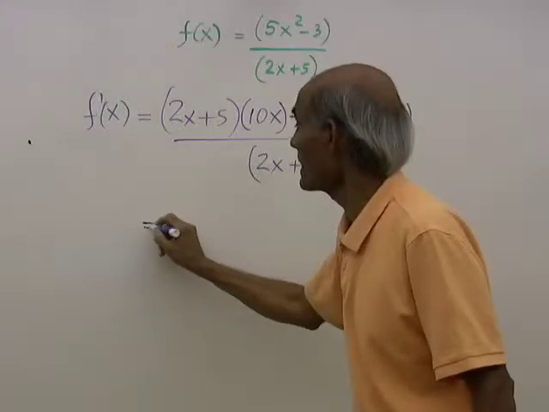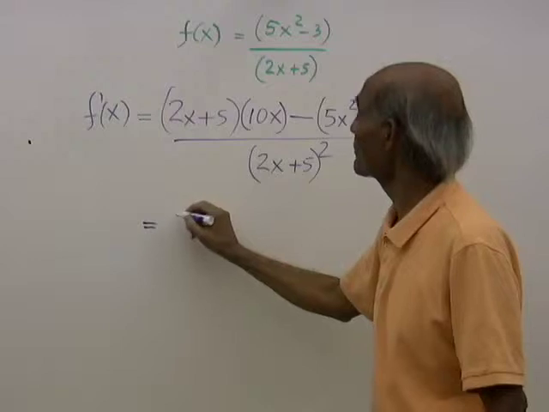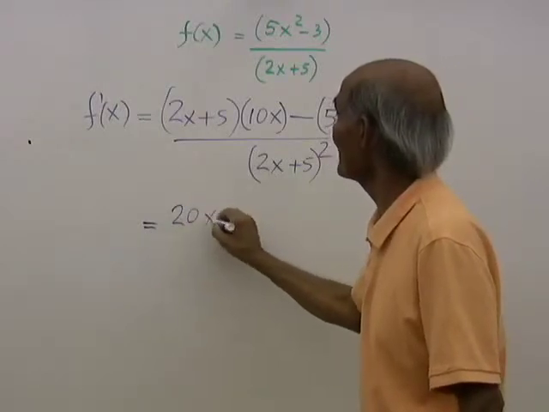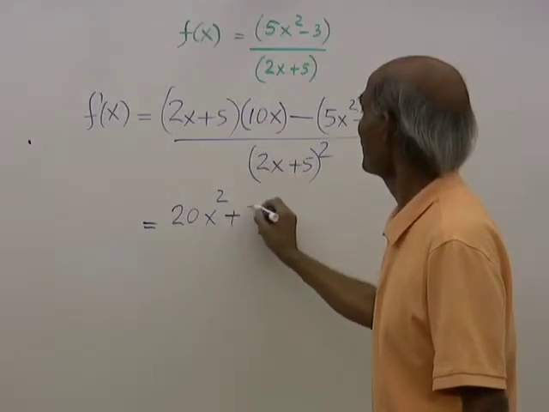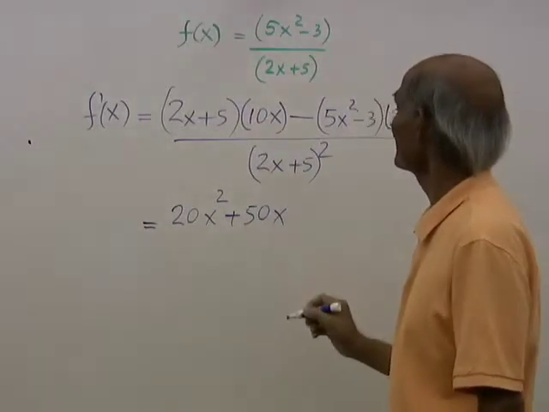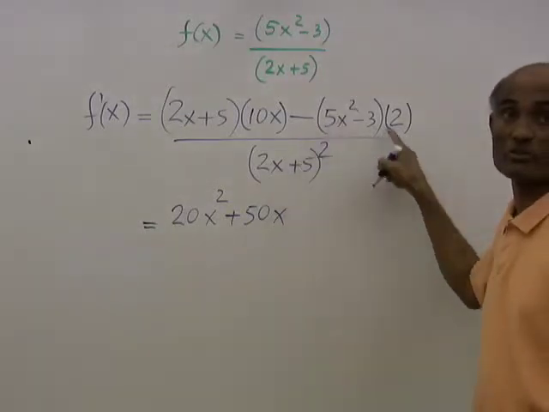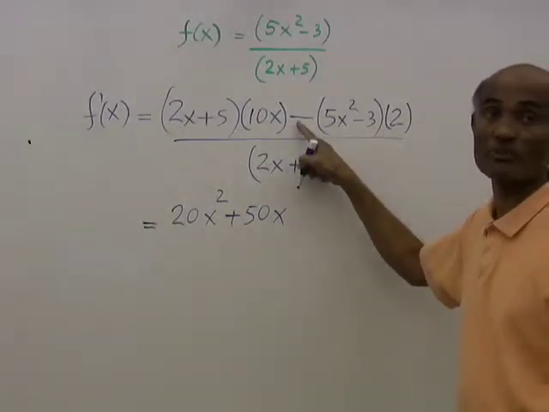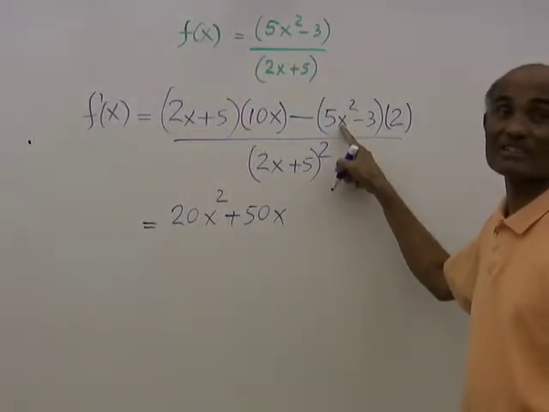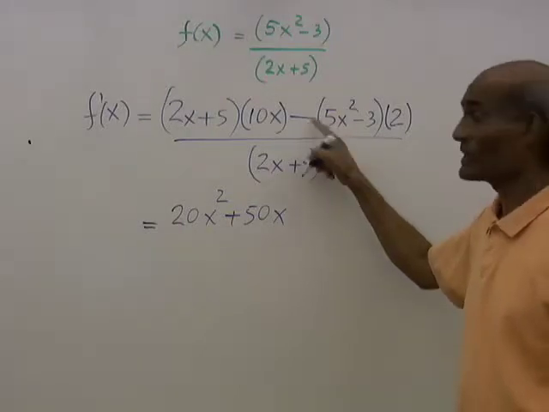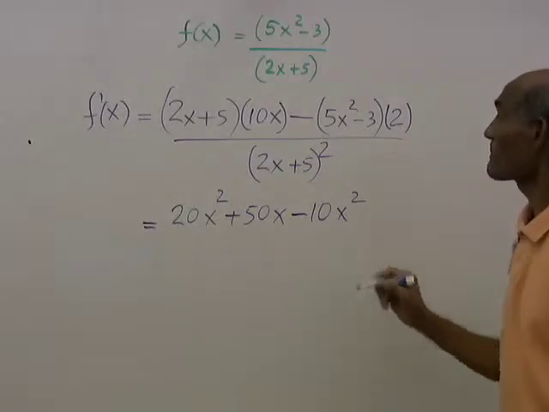Alright, let's multiply and simplify. 10x multiplied by 2x is 20x squared, plus 5 times 10x is plus 50x. Now what's this minus sign? Everything here needs to be multiplied with that. 5x squared times 2 is 10x squared, with the negative sign gives you negative 10x squared.